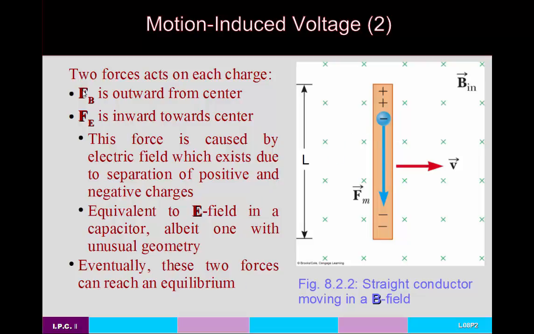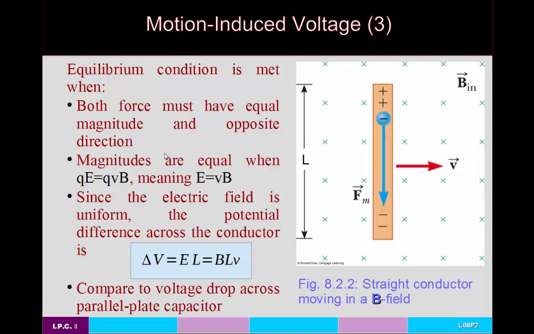In this equilibrium, this force and this force have equal magnitude and opposite direction for any given charge. This condition is met when the magnitude of the force for the magnetic field and the magnitude of the force for the electric field have equal size. They're basically equal, and they have opposite directions.